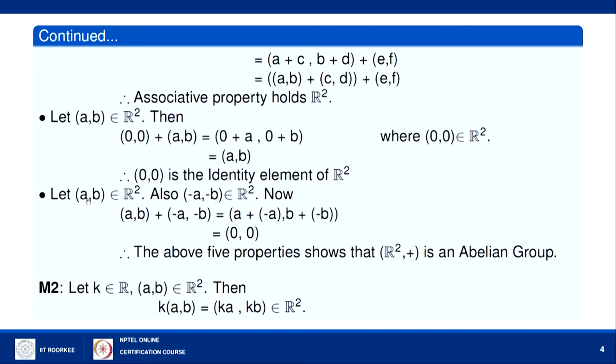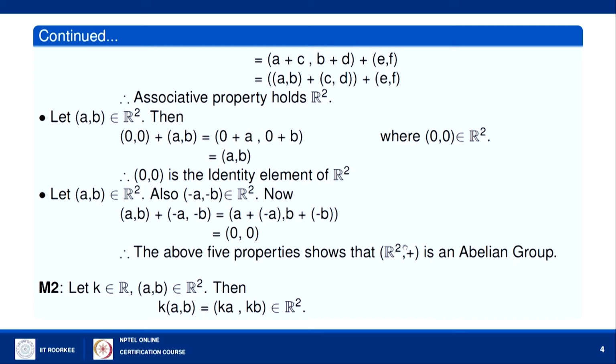Next, if you take (a, b), then certainly (-a, -b) will also be there in R2, and if you add these 2 points, the result will come out to be (0, 0), which is nothing but the additive identity of R2. Hence, the existence of additive inverse holds in R2. So, these points are satisfied, and they imply that (R2, +) forms an abelian group.